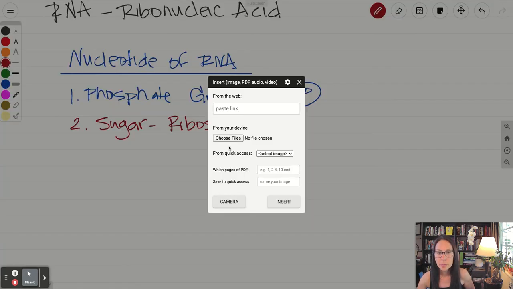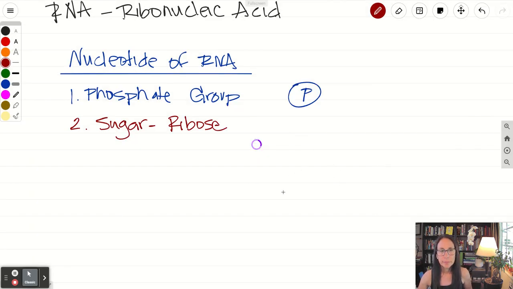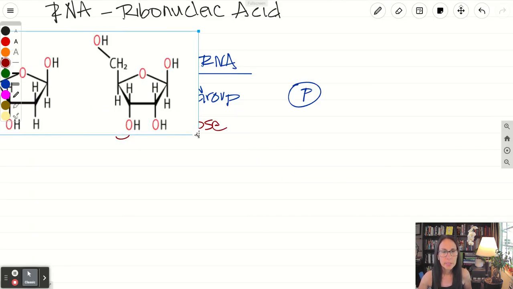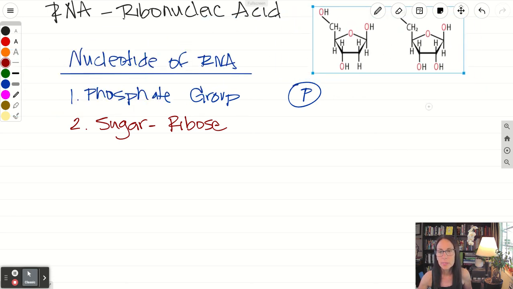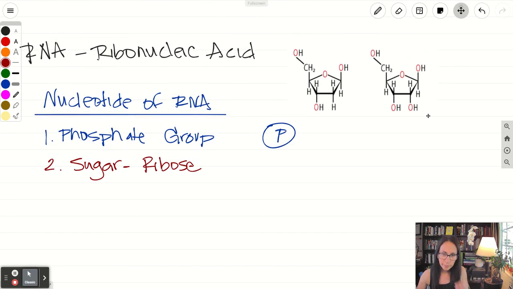In fact, I'm going to pull in a picture so you can see it. Okay, so here is what they look like. I just drew them as just like a little pentose shape, but let me scoot over here.